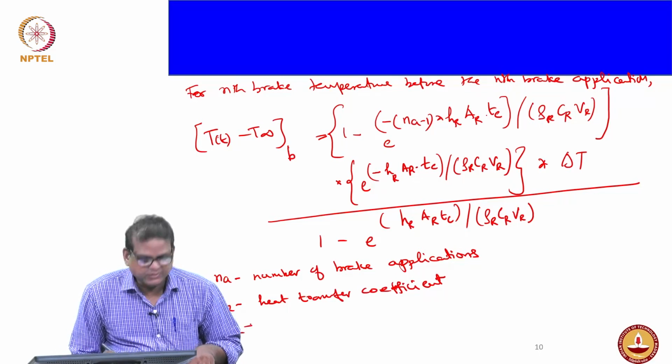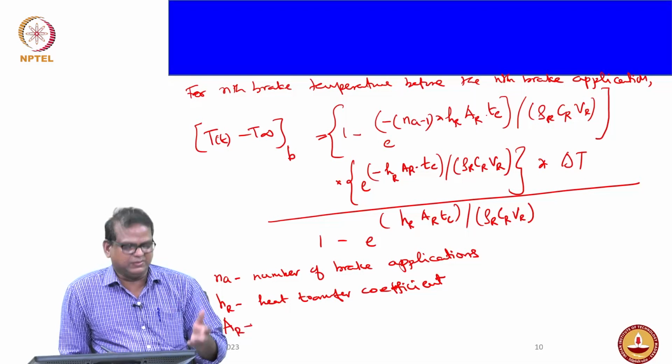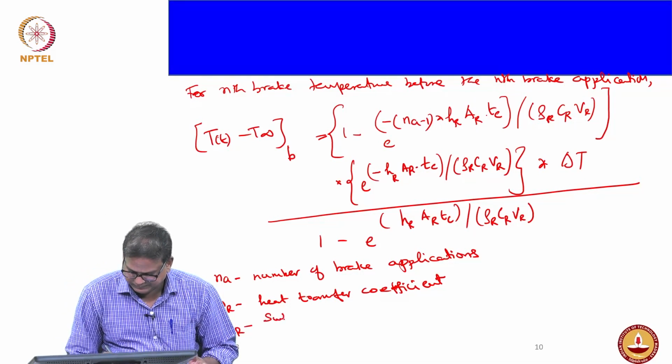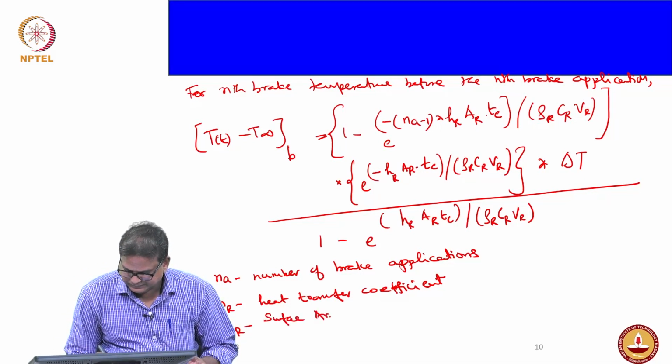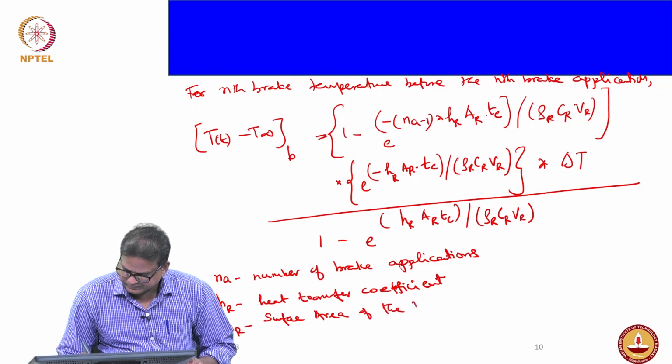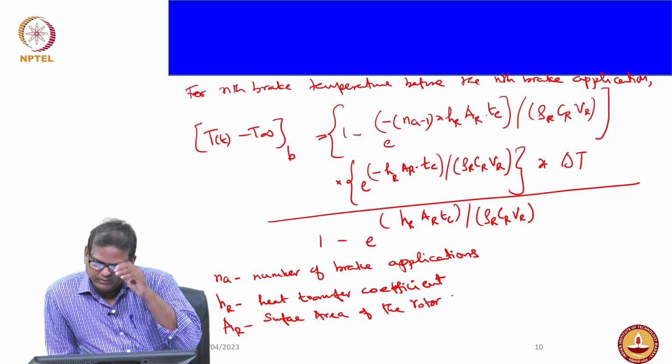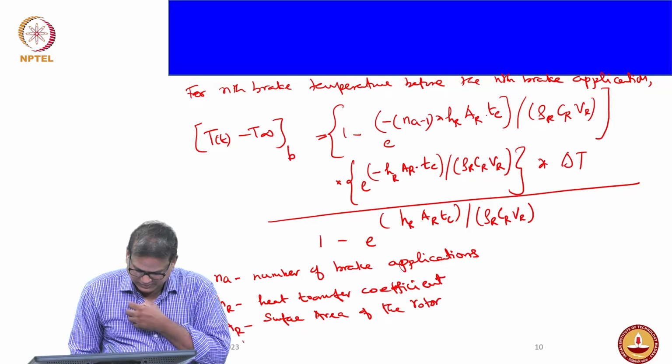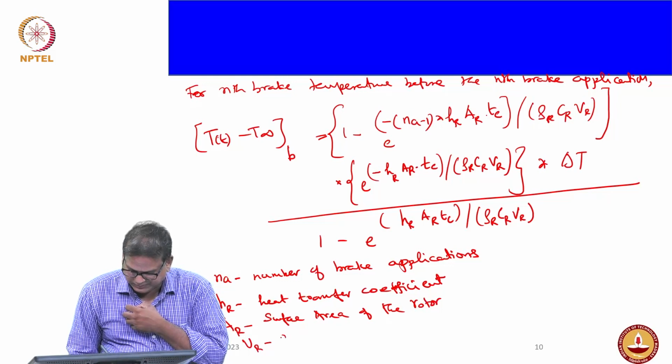AR is the surface area of the rotor. Any other term? VR means the swept volume of the rotor.